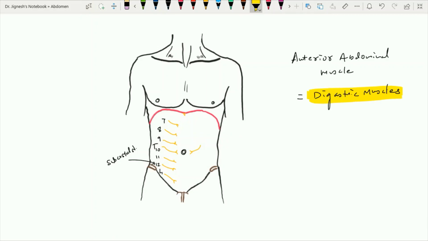So this is all about the rectus sheath. Thank you.